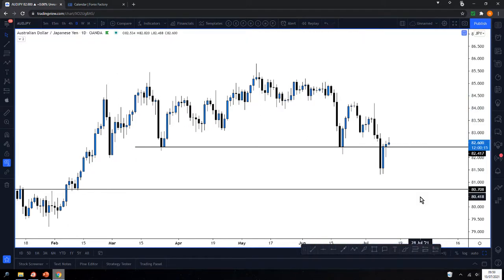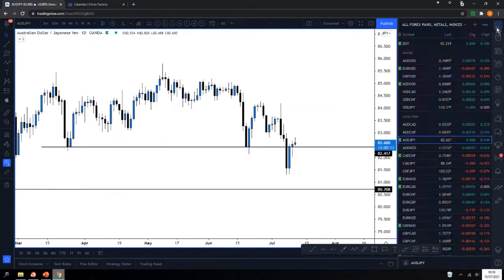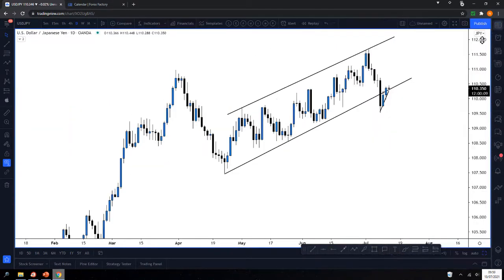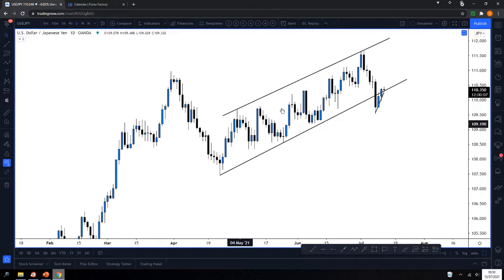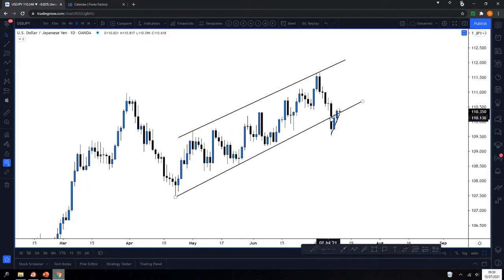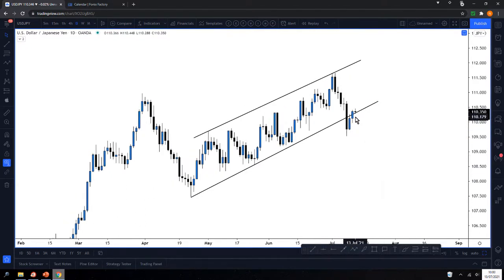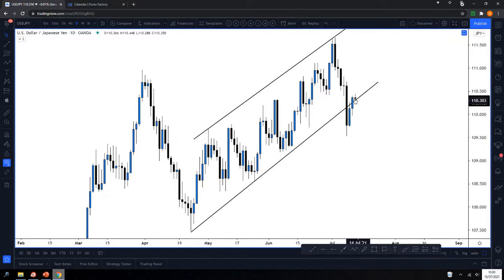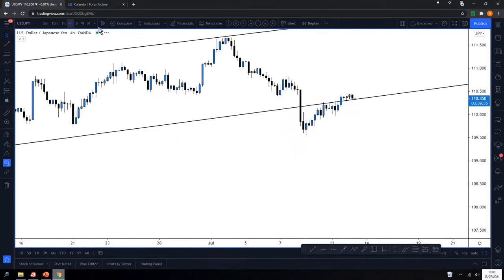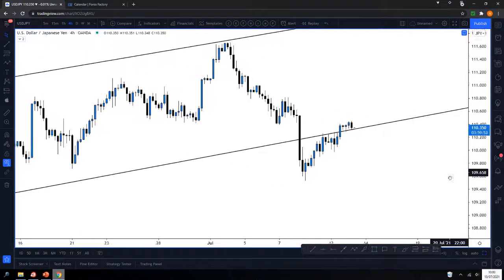The other pair of interest is another yen pair. That's dollar yen. Because we've broken out of this ascending channel here, closed below, retesting it now. So we pushed up. We've actually closed up inside the channel, but we could still see downside on this.